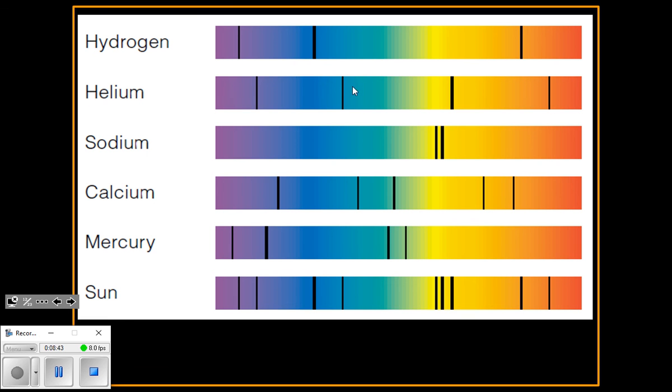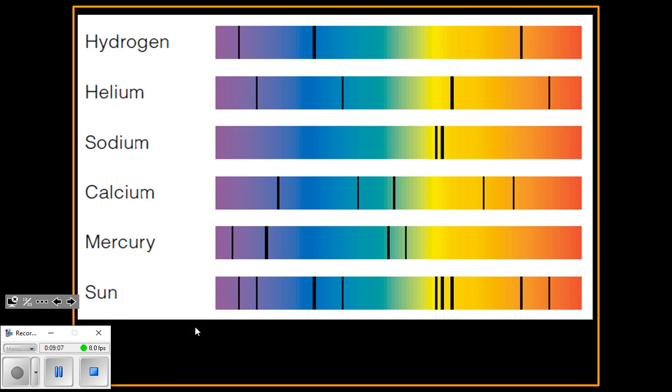Helium always has these four lines. Sodium, just two lines, those two right there. Calcium, 1, 2, 3, 4, 5 lines. Mercury, 1, 2, 3, 4 lines. So if mercury gas is present in a particular star, and you'll get an example like that today in the bell work, all four of these lines must be present.